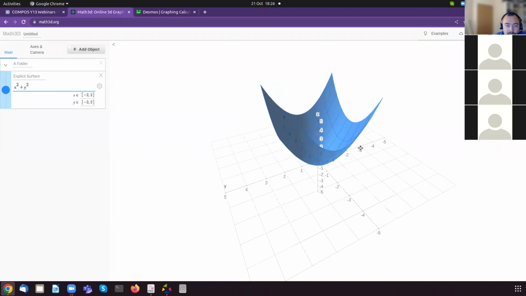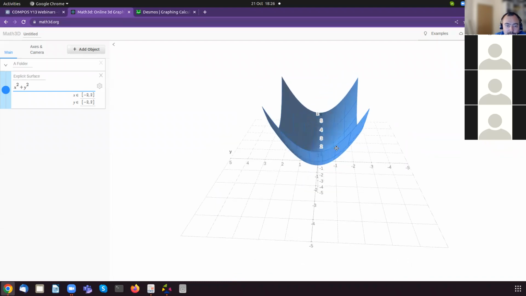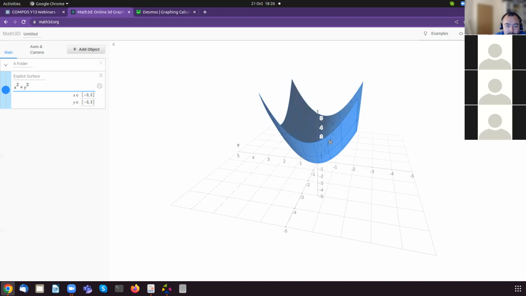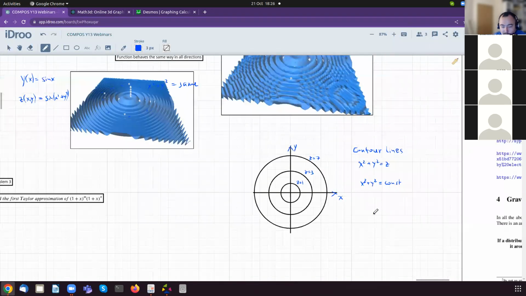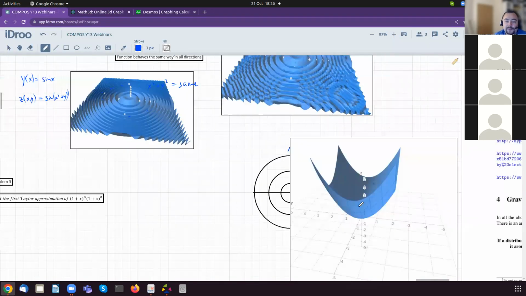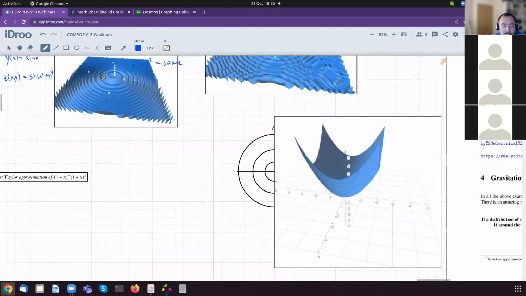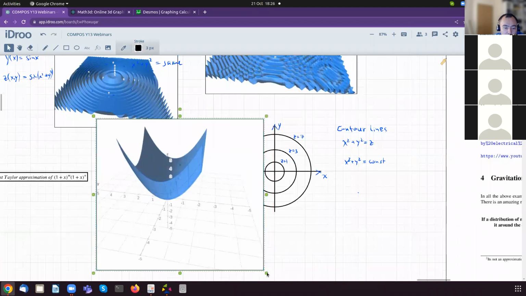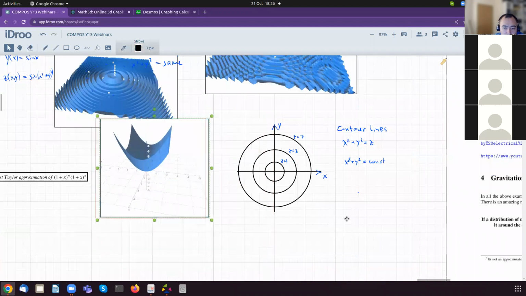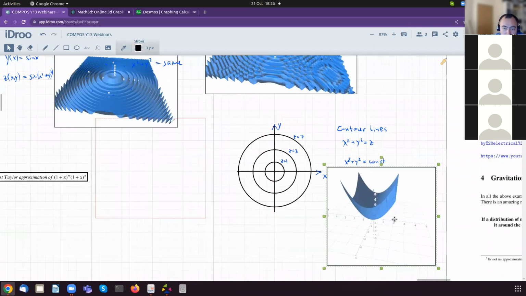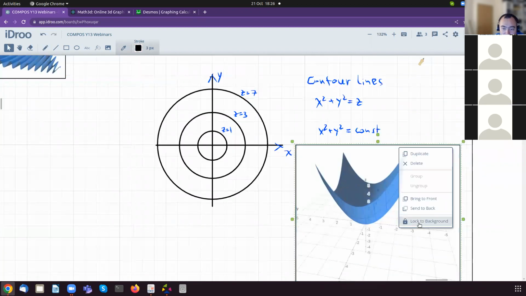Okay. So just for you to understand what I'm talking about, these contour lines can be drawn here.